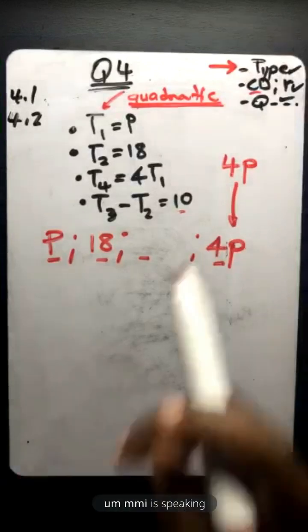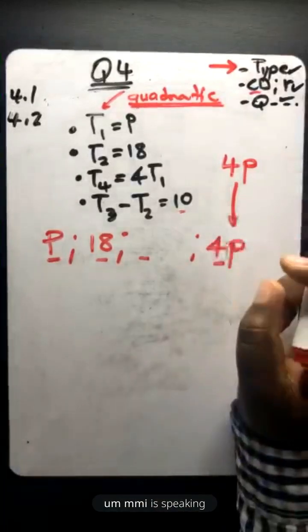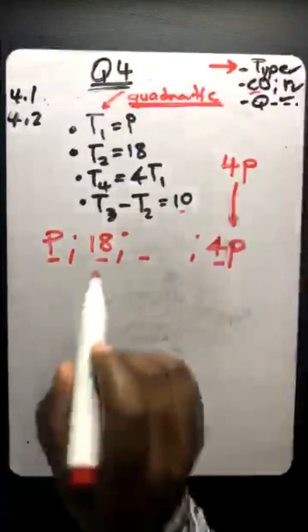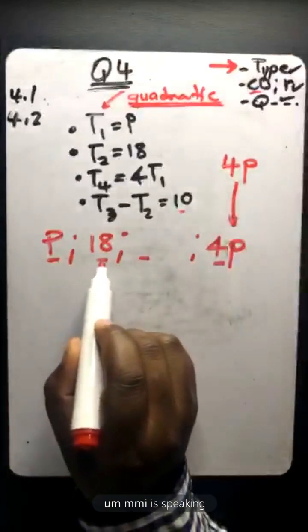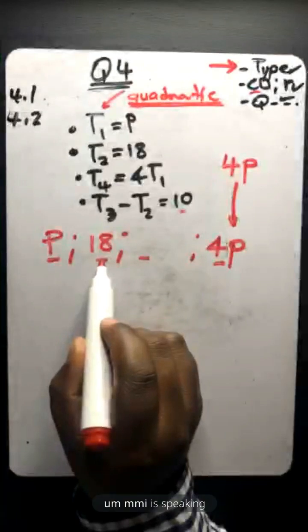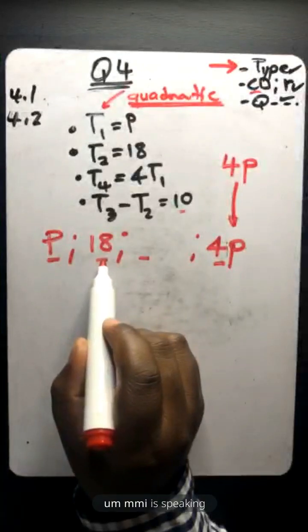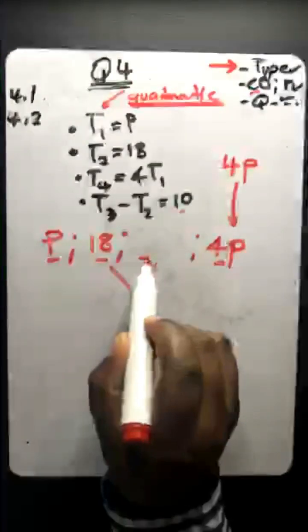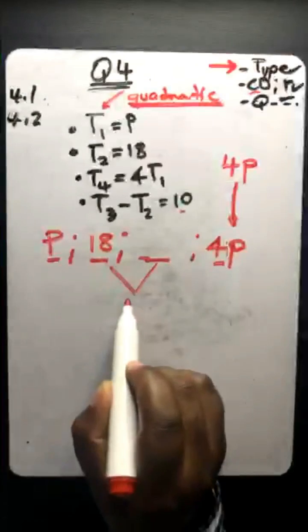You see, they already give us T2. That means we have 18 there. So T3 minus 18 is equal to 10. Oh, so you're saying this minus that is equal to 10.